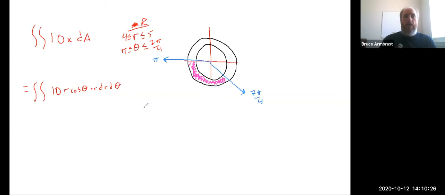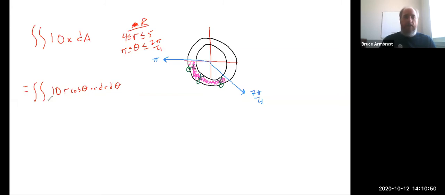So think about integration man extending himself radially. There's an integration man, there's another integration man, and there's another one. Notice his feet are always on the inner circle and his head is always on the outer circle.